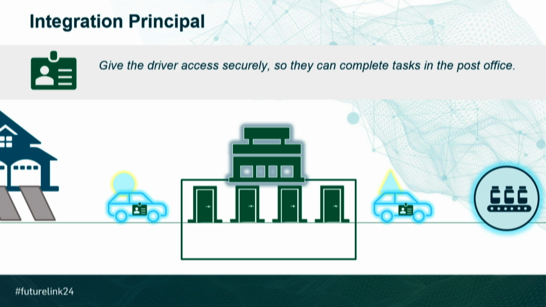Then onto the last part of the B2B configuration post office analogy, we have the integration principle. So we need to give the driver secure access so they can complete the task in the post office. Basically, the postal delivery driver needs to go into the post office without being escorted by a security guard.